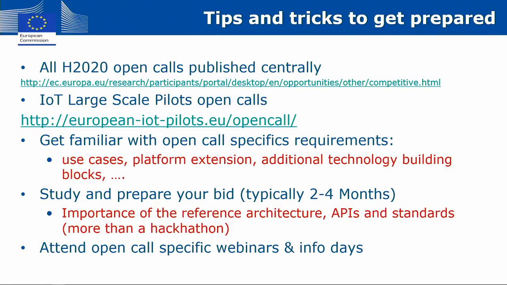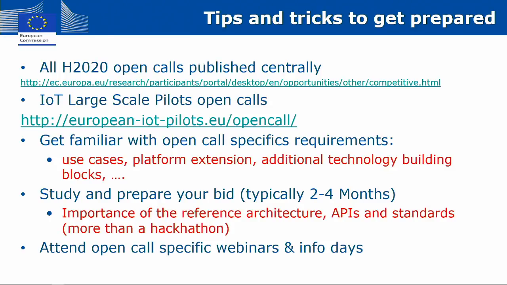They are published regularly. At the moment, for Internet of Things, there are 3 big open calls, which are in smart farming, active aging, and autonomous driving. They all have open calls which are open at the moment and will close in a couple of weeks. And for all these things, basically, well, there's a bit of work to do.